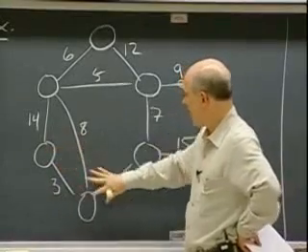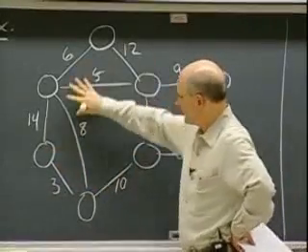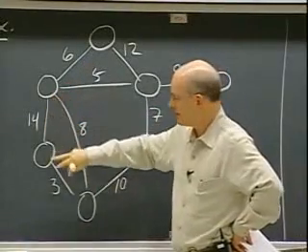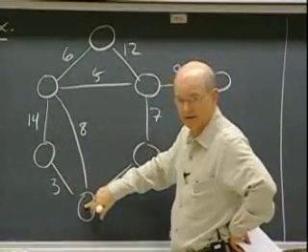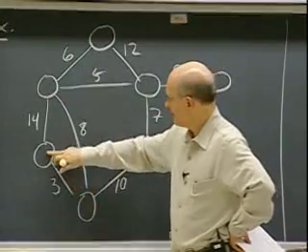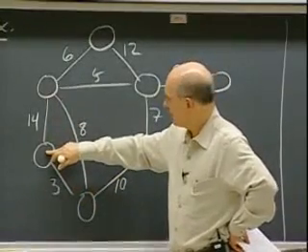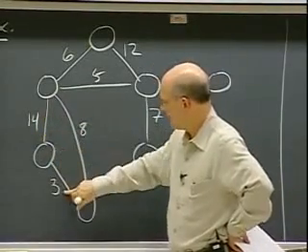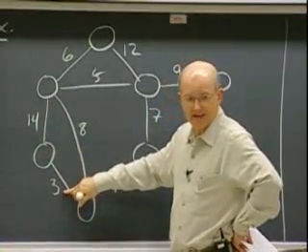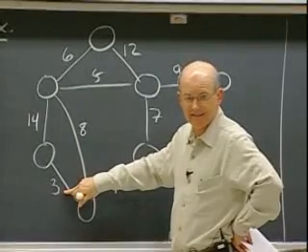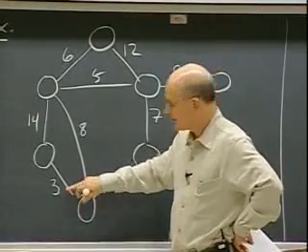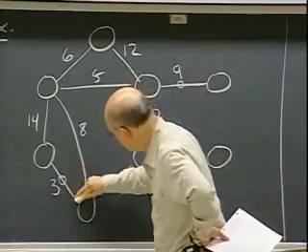Which means that if you had something you said was a minimum spanning tree that didn't include 3, and so therefore it had to include 14, then I could just delete this edge 14 and put in edge 3, and I have something of lower weight. Right? So 3 has to be in there.